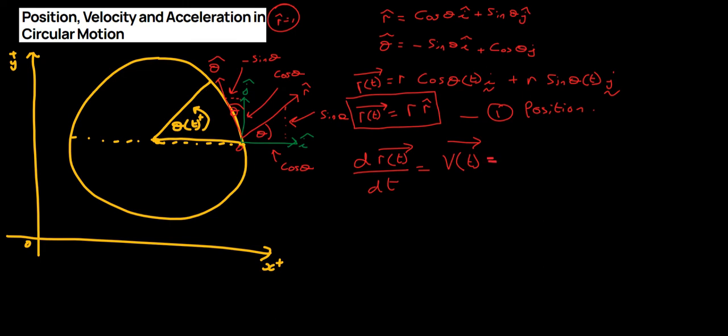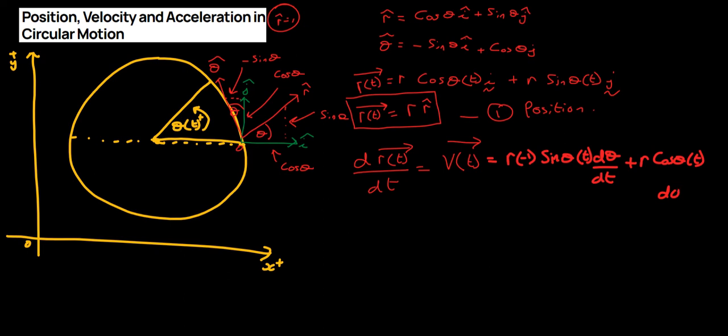So we have r, we can have a negative sine theta, which is a function of t. We use the chain rule, so we get d theta dt, plus r cos theta, which is a function of t.